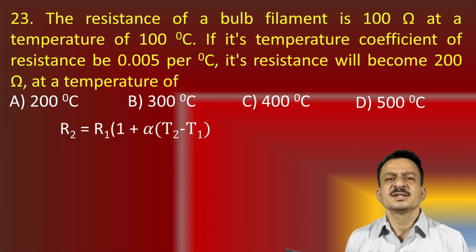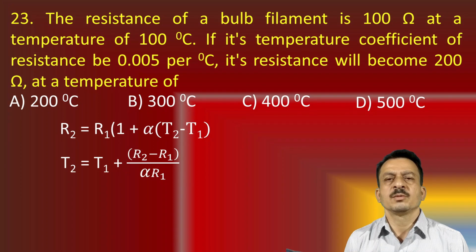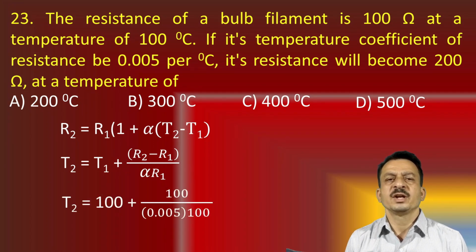Now the given resistance R2 is equal to R1 into 1 plus alpha into T2 minus T1. Or we know another formula for directly the temperature T2, which is given by T1 plus R2 minus R1 divided by alpha into R1. Now substituting the values, T1 is given 100 plus R2 is 200 and R1 is 100. 200 minus 100 is 100 divided by alpha, the given temperature coefficient of resistance 0.005 into 100.